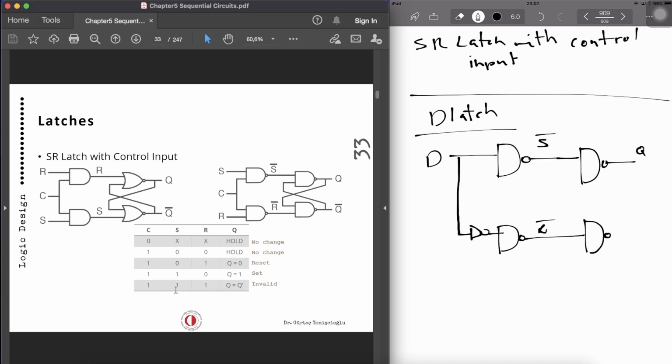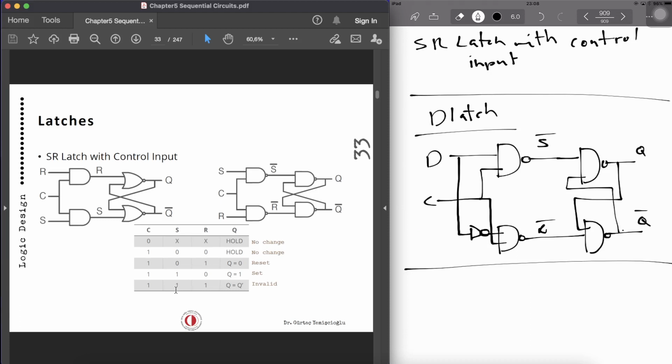And the control input is activating the latch. That's how we use it. So this is a typical D latch, with Q prime feeding back in. This is feeding back in, and that's it. This is a typical D latch.